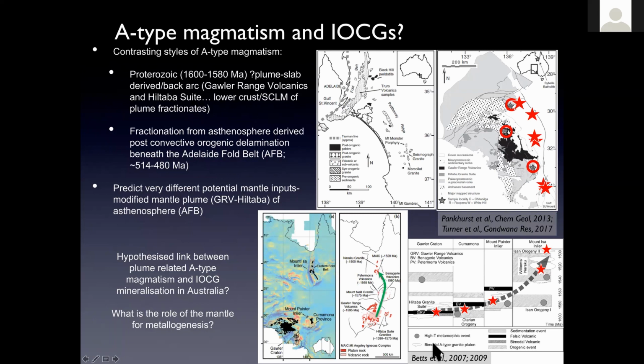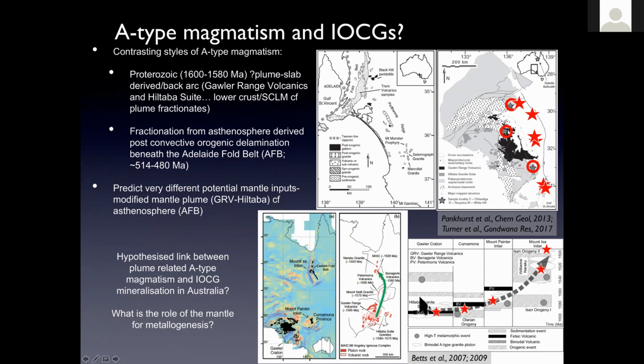In actual fact, some people have even argued that this A-type magmatism in reconstructed space corresponds to maybe a hotspot plume, albeit a felsic hotspot, which traversed from the Gawler Craton through Curnamona up to Mount Isa. Associated with that were pulses of IOCG-related mineralisation. Believe that if you will.